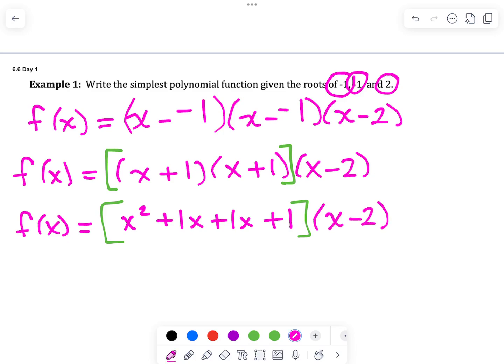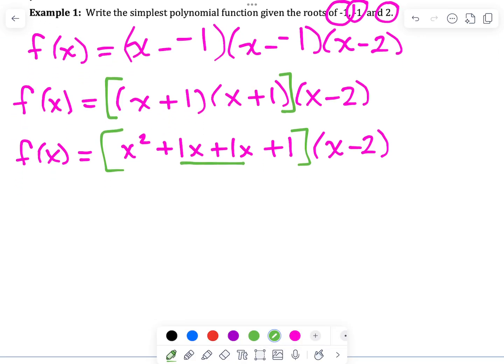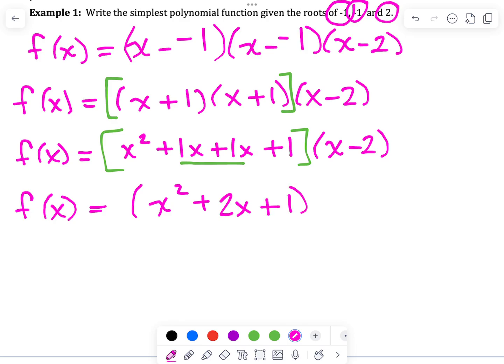Then we're going to go ahead and simplify that green bracket. Notice there's like terms with the 2 x's there. So we get x squared plus 2x plus 1. So there's the first parentheses, and then we have the second parentheses, x minus 2.